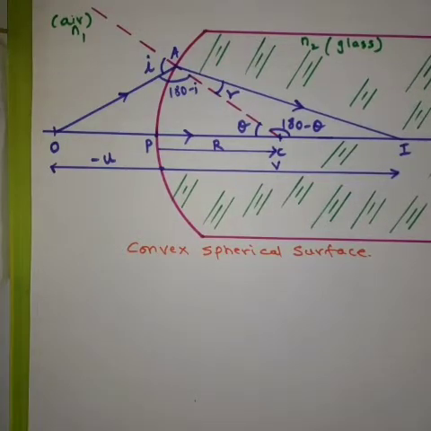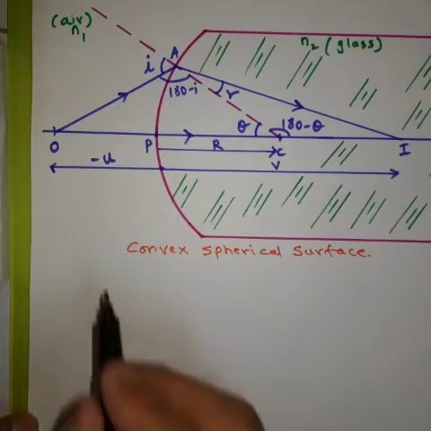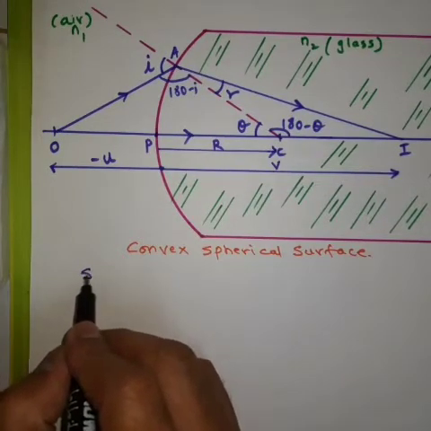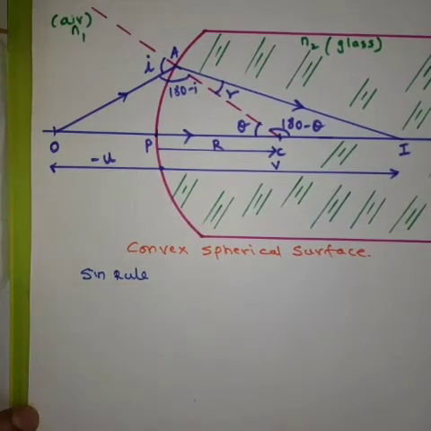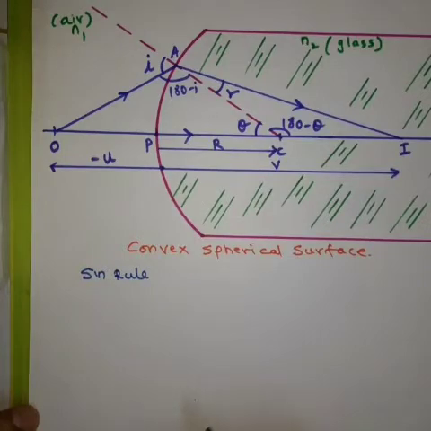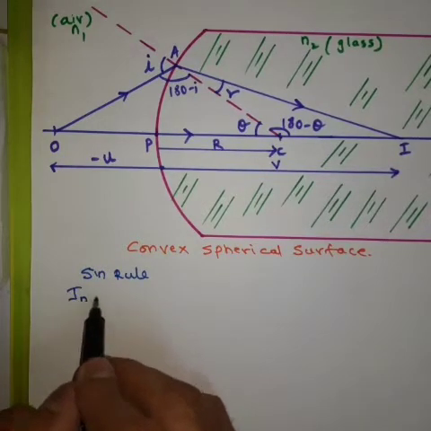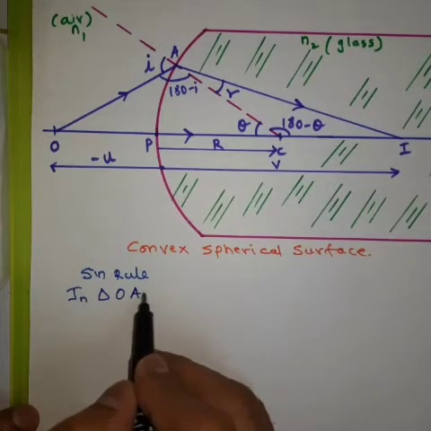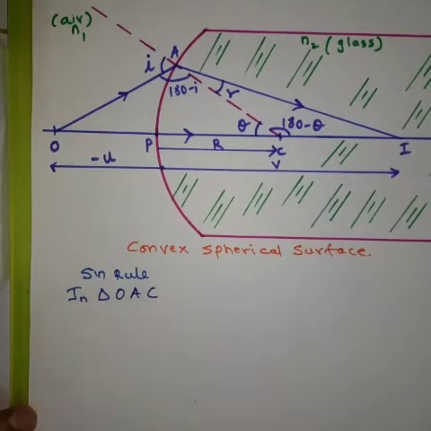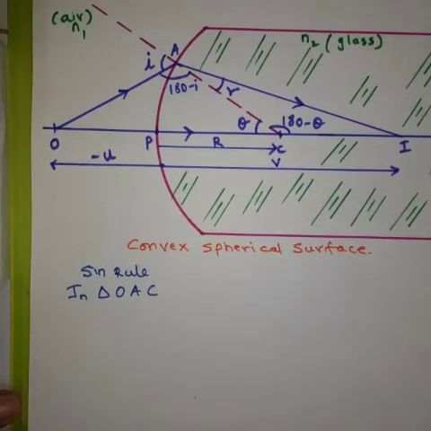First, you need to know what the sine rule is, and you have learned this sine rule in math. If I take a triangle, that is, in triangle OAC, and I apply the sine rule over here, what do I get?